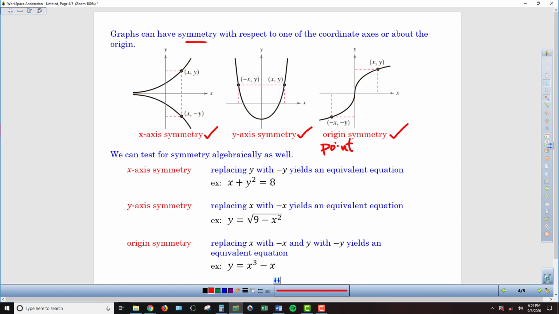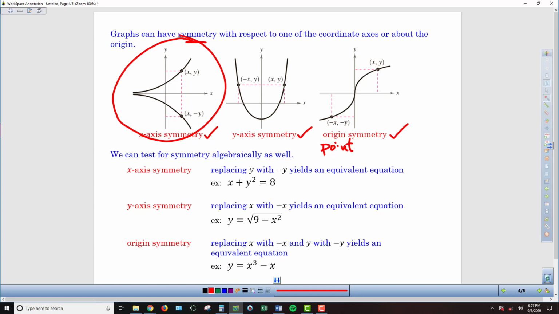Starting with x-axis symmetry, we can see the picture here. The idea is the x-axis is acting as a mirror line for our graph, so we have a reflection of the graph on either side of that x-axis. That's what we see in the diagram in front of us.